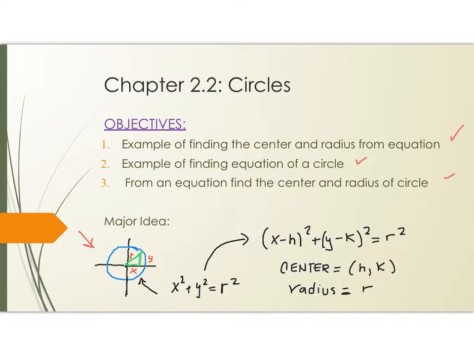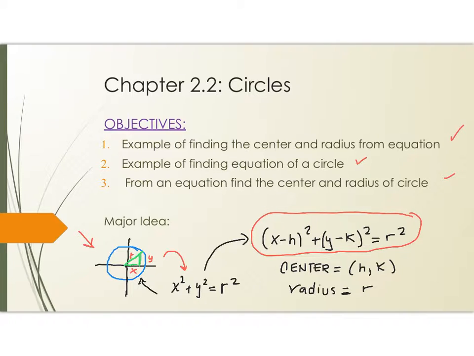Well, this helps us to provide for an equation using the Pythagorean theorem: x squared plus y squared is equal to r squared. If we move the center of the circle away from the origin, we have a new formula that is based upon the new center, which is (h, k).